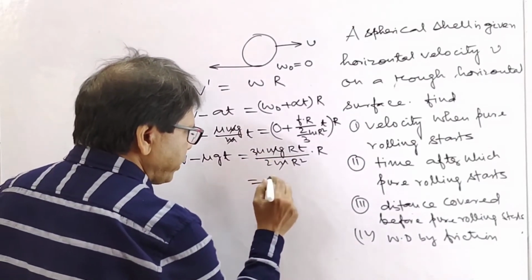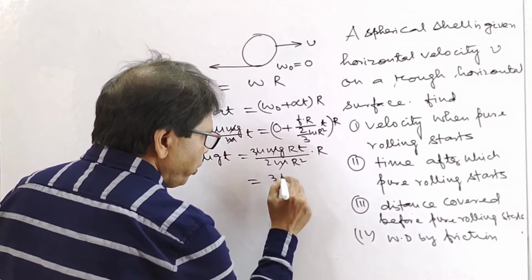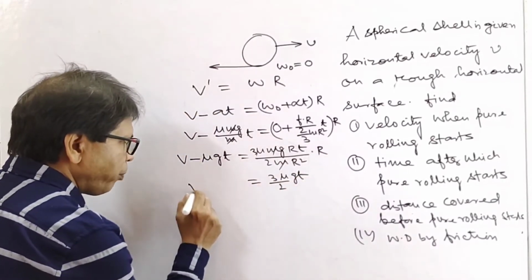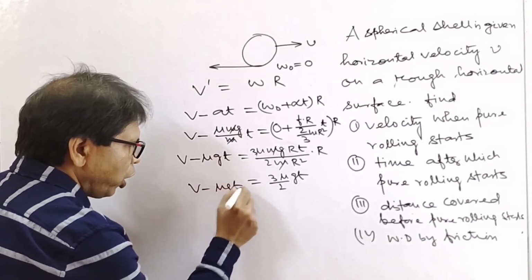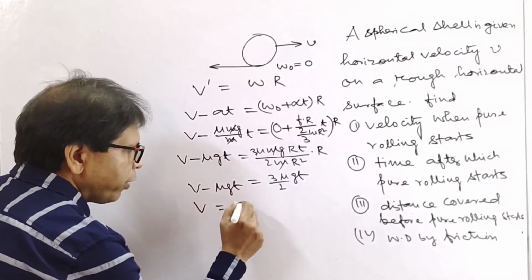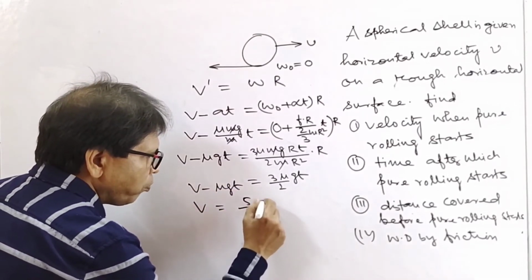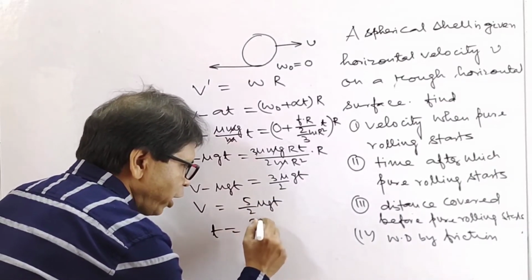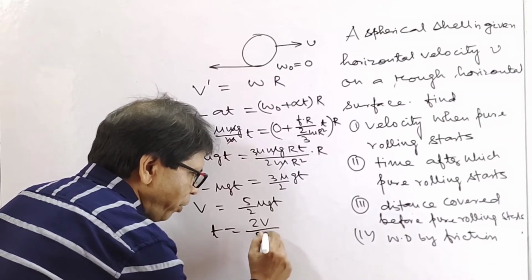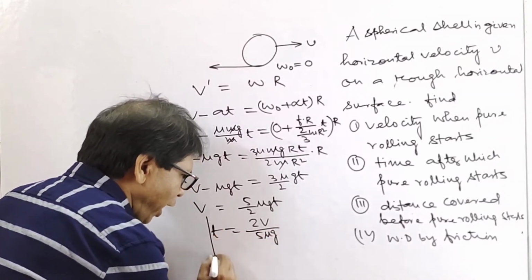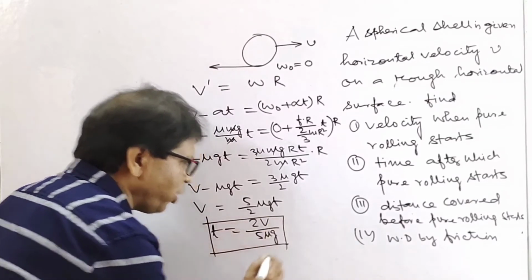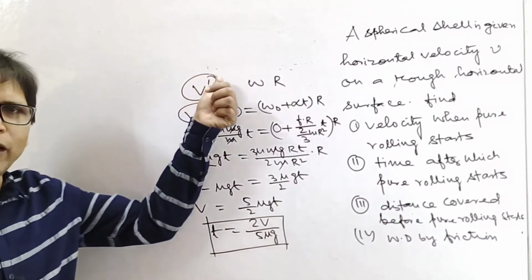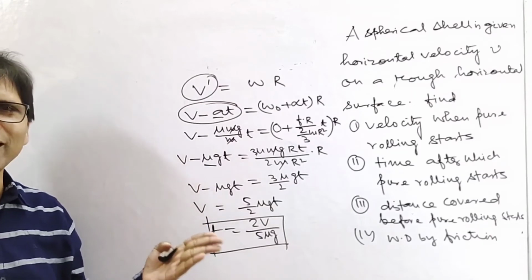So we get 3μgt by 2, and here v minus μgt. So v equals 5 by 2 μgt. So t equals 2v divided by 5μg, the time after which pure rolling starts.